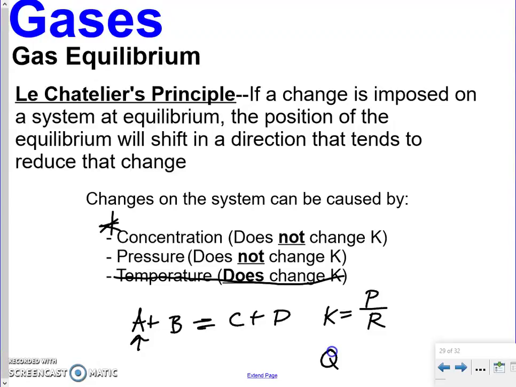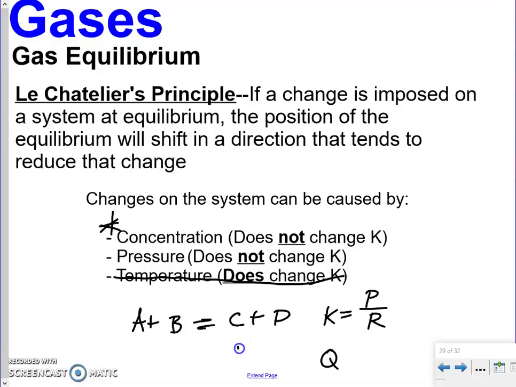I am now at Q, and we can do that comparison. But basically the idea is, if I add reactants, it increases my denominator. It has to shift towards products. If I take away my reactants, it decreases my denominator, and it's going to shift towards my reactants. It's basically making up for what just happened. If I increase reactants, it's going to shift away from reactants. If I take away reactants, it's going to shift to reactants.